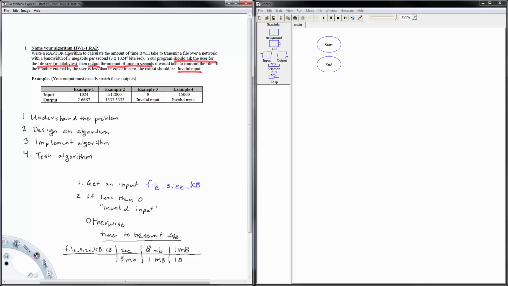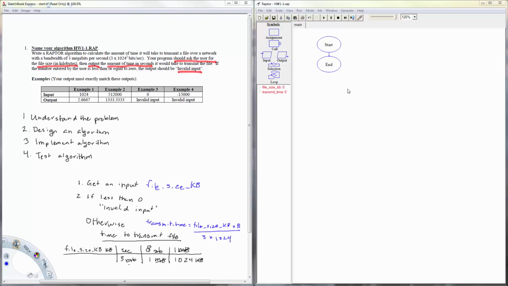Then we'll convert megabytes into kilobytes, 1 megabyte for 1024 kilobytes. Doing this, all of our units cancel except for our unit of time in seconds. Therefore, our transmit time is equal to the file size in kilobytes times 8 divided by the quantity 3 times 1024.